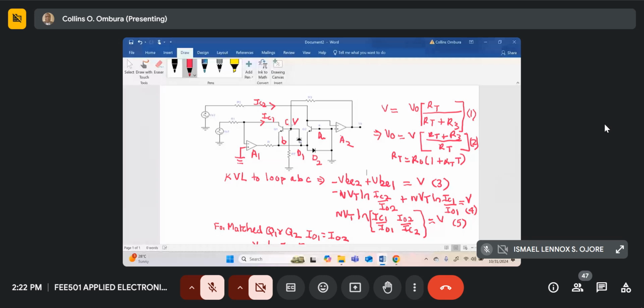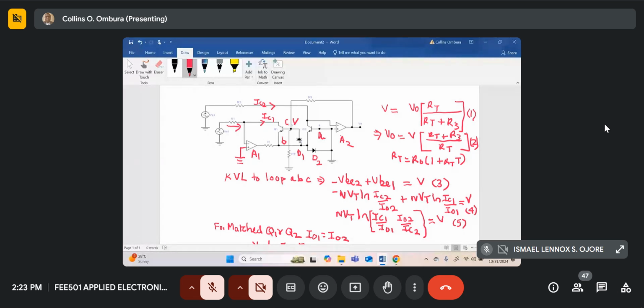Now let's determine IC1. Since the positive input of A1 is grounded, it means the negative input of A1 is a virtual earth, and therefore the current that flows through resistance R1 is nothing but VS1 divided by R1. So this current that flows here is the same as IC1.